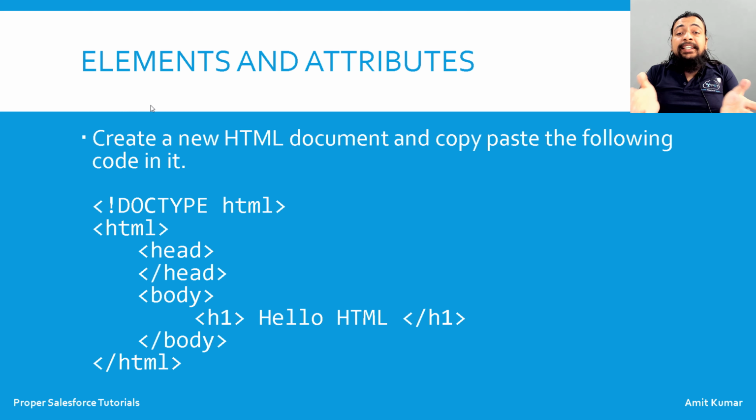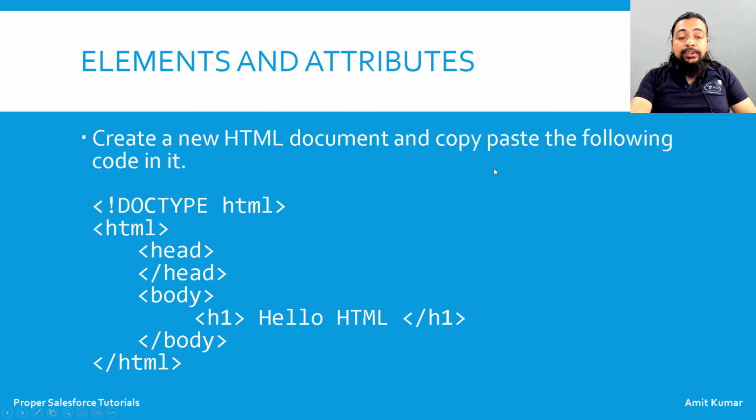To create an HTML document, you can copy and paste the following code into that document and save it with a .htm or .html extension. When you open this web page, it's going to show you a heading on the web page. The heading here is Hello HTML.